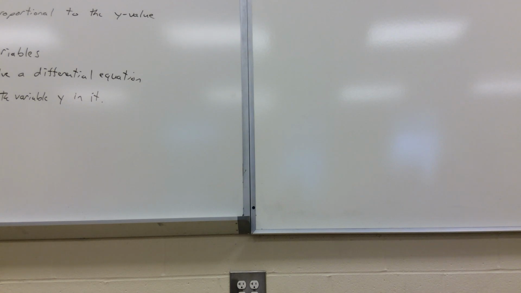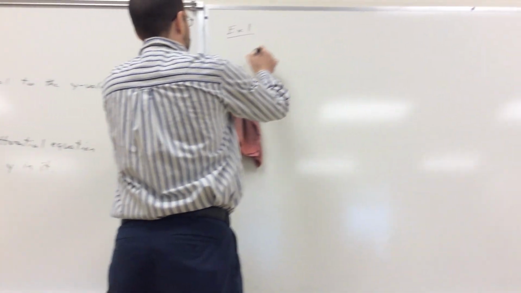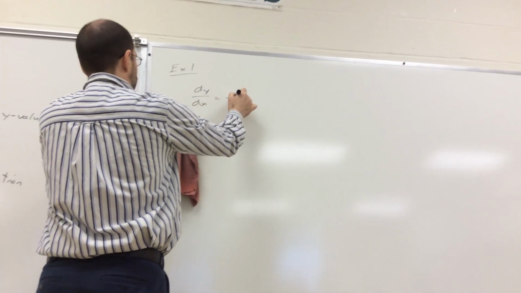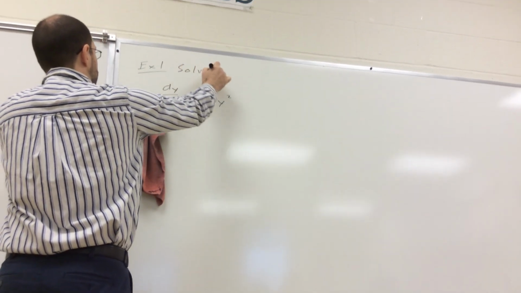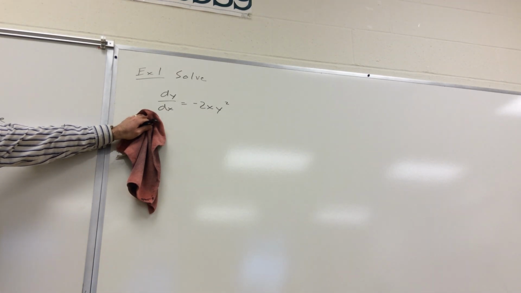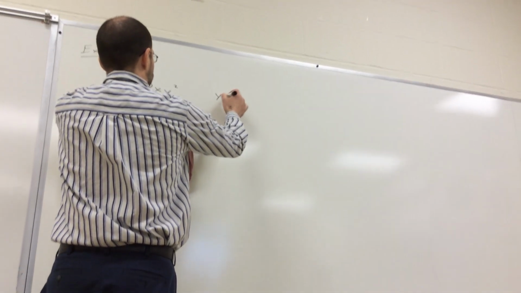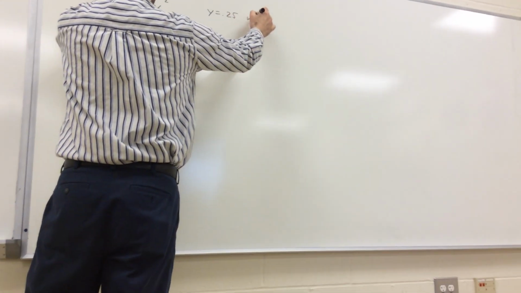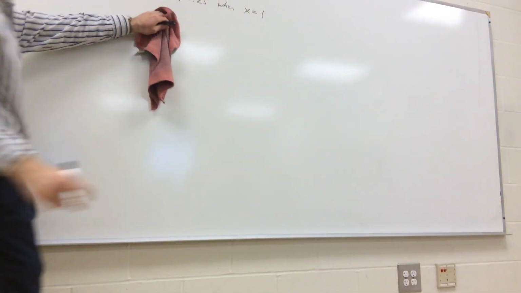So this one is dy/dx equals negative 2xy squared. And we're trying to solve this. In other words, we're trying to find the original y equation. And we have some more information: y equals 0.25 when x equals 1.